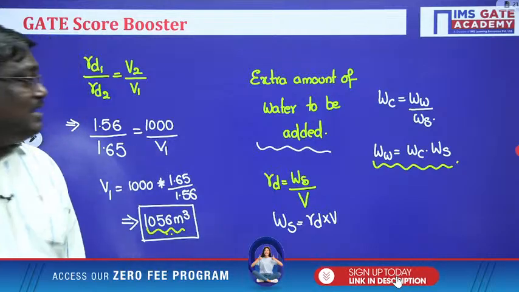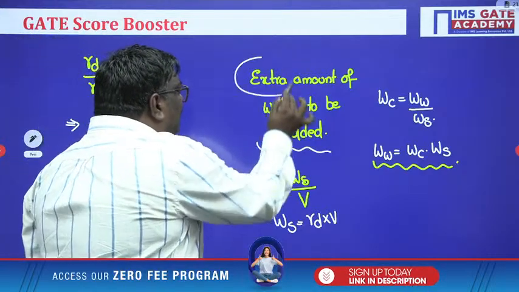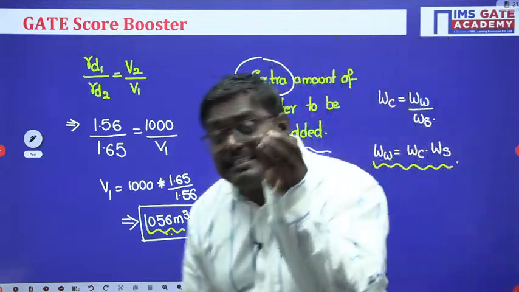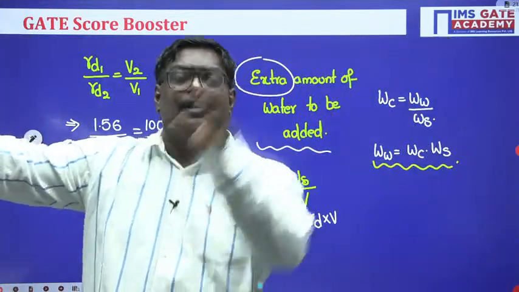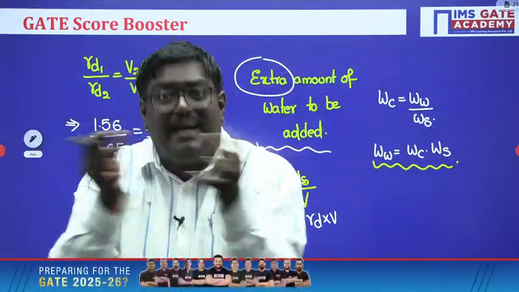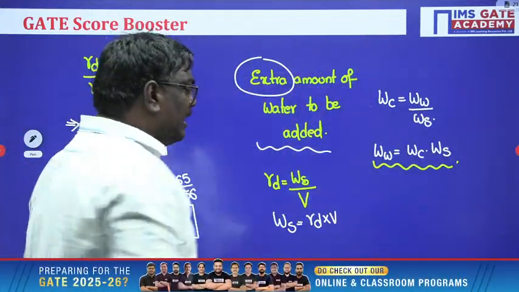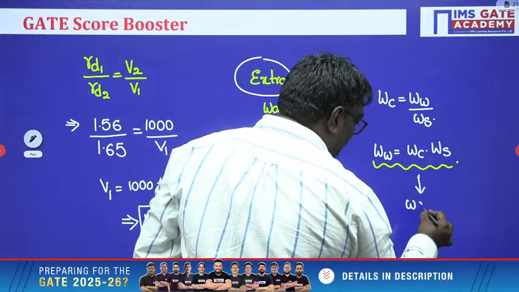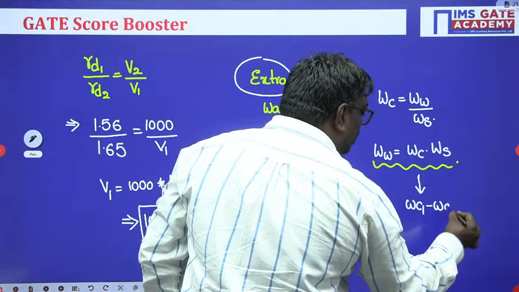But let me tell you the word extra has a significance, my dear students. Extra means already there is something, you have to find the difference. So here I can write water content 1 minus 2 or 2 minus 1.